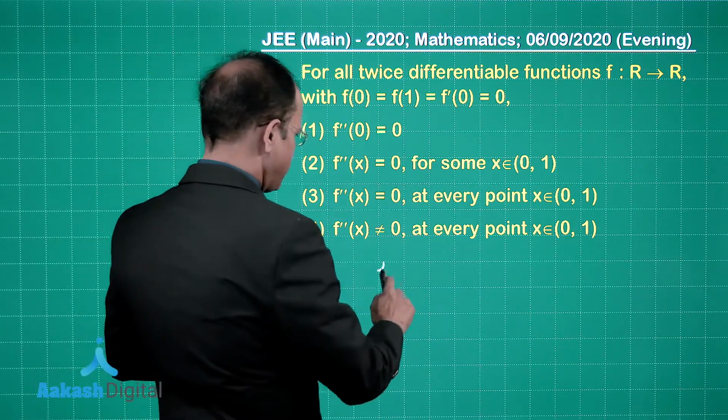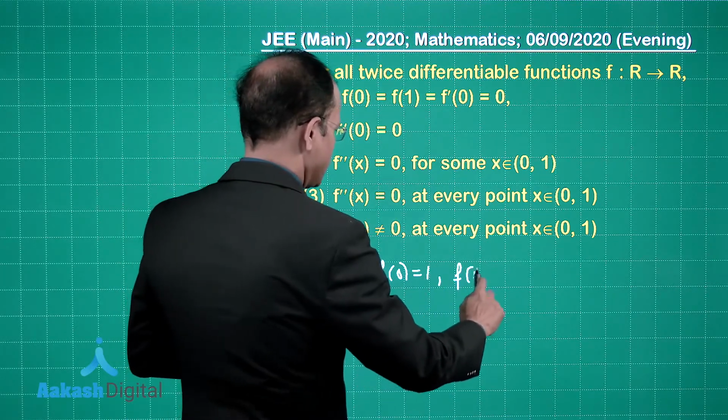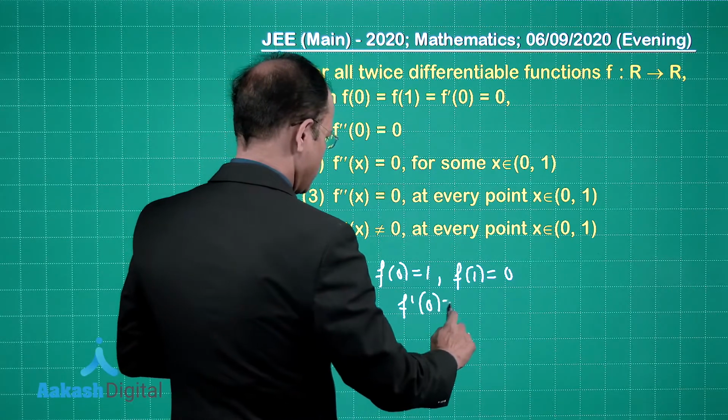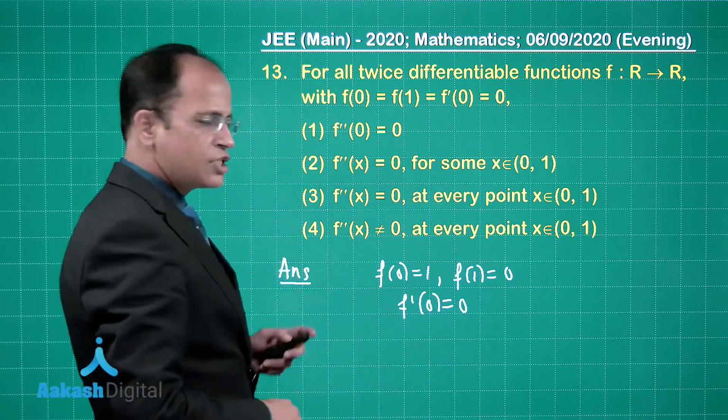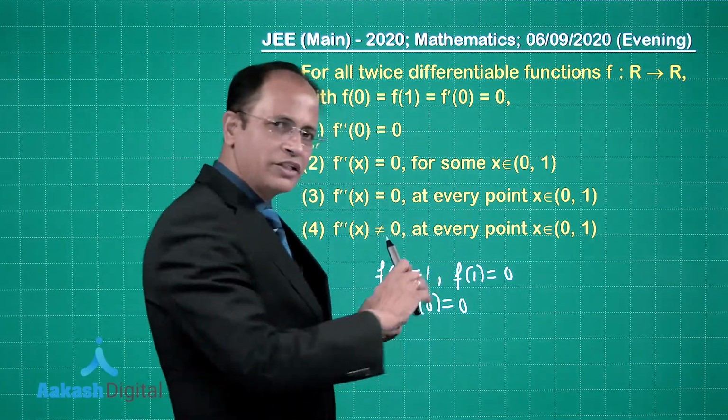You have been given f(0) = 0, f(1) = 0, and f'(0) = 0. Now since this function is a differentiable function, it will imply continuity also.